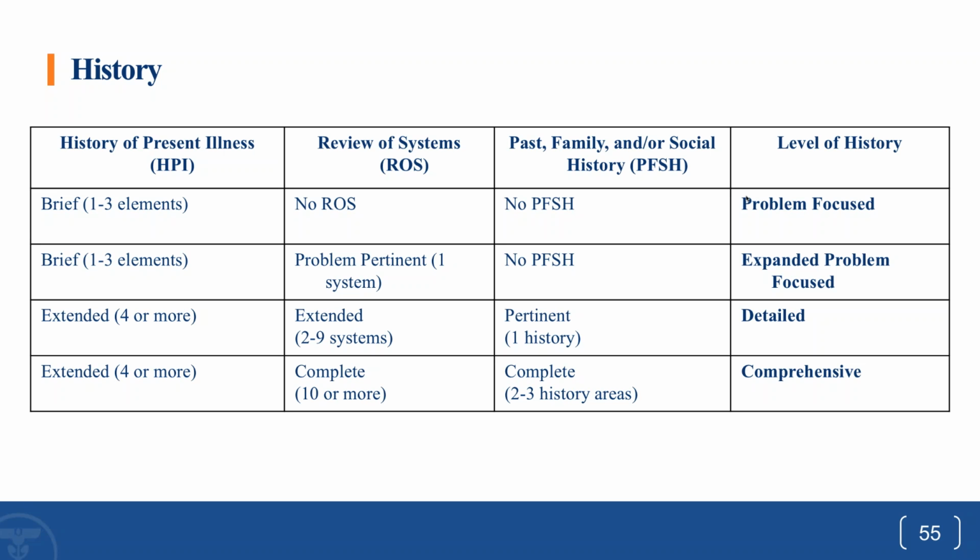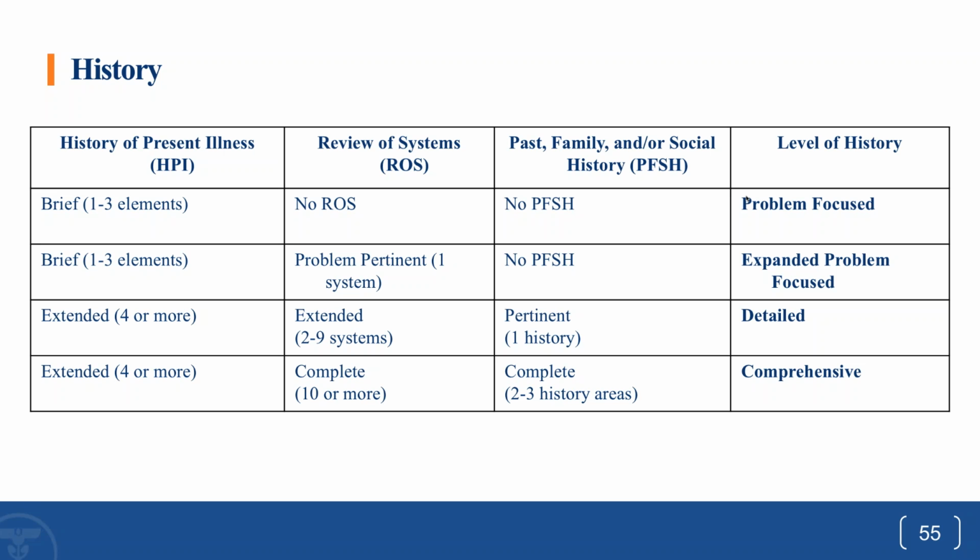Get it? So you just got to find a way to know that your family history, your past history, and the social history are actually all grouped together, right? And if someone just asks one bullet point, they could ask 2 questions. They could say prior hospitalizations and current medications, but that's still under past history.